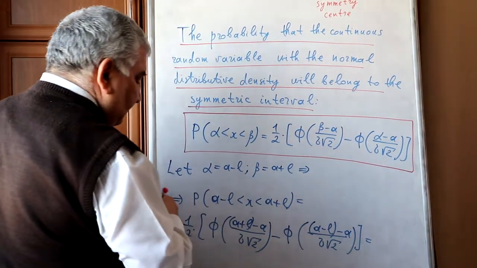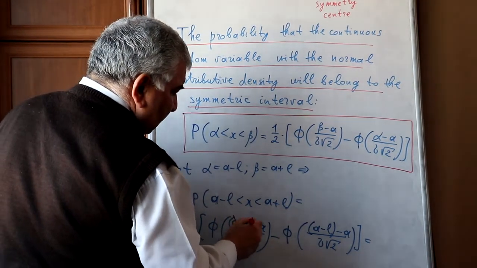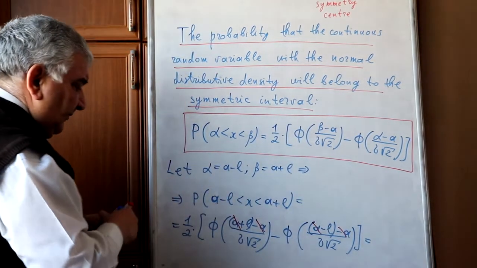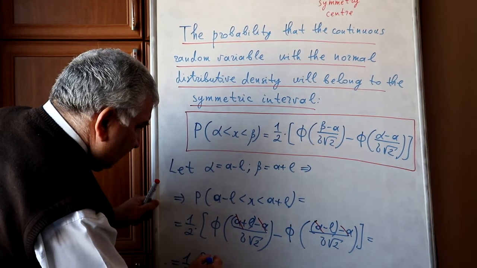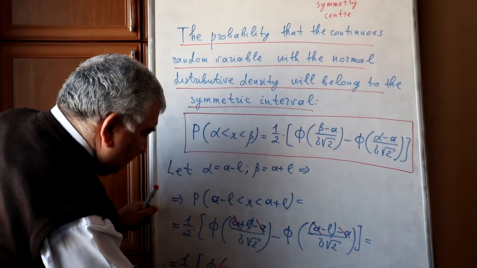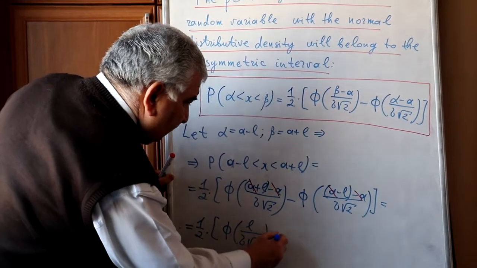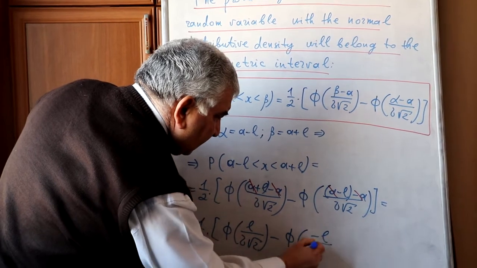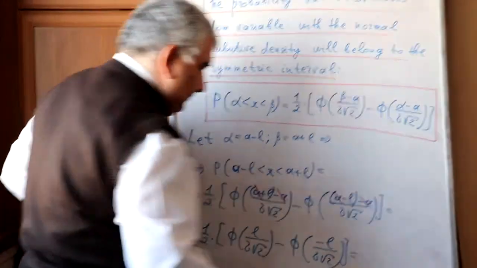Here we can remove A and minus A. Then we will have equals 1 second multiplied by phi of L over sigma square root of 2 minus phi of minus L over sigma square root of 2. Continue.